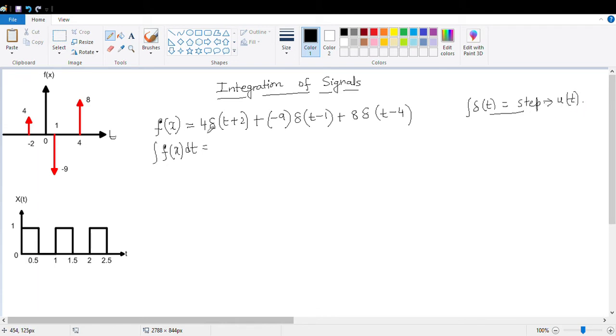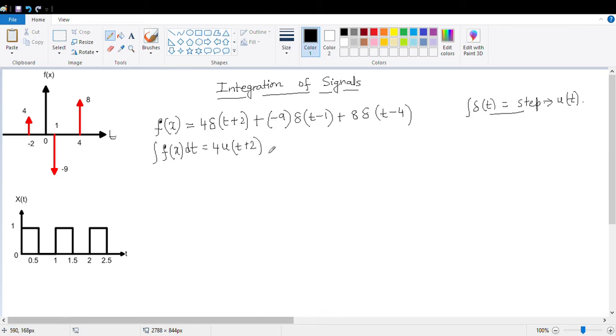Understood? So if we integrate this delta, we will get the step at that particular instant. I will get u(t) instead of delta, at the same time. What is the time? t equal to minus 2. So u(t plus 2) will be the first part.